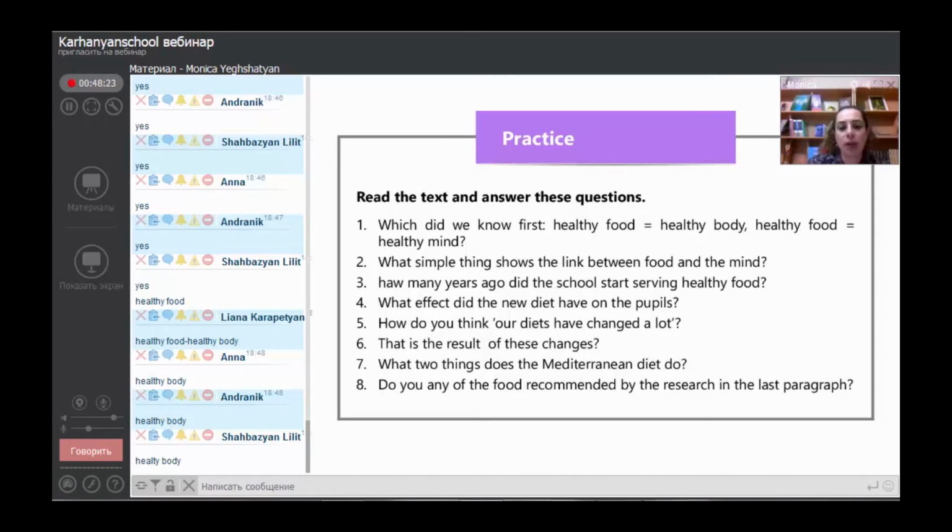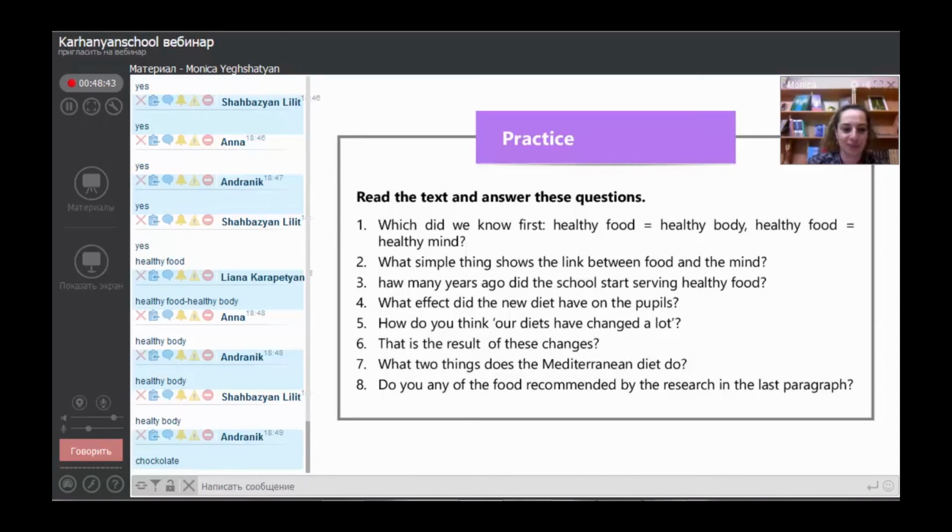What simple thing shows the link between food and the mind? For example, what do we eat in order to have good mood? It's a prompt. Yes, Andranik, chocolate. Do you do so?